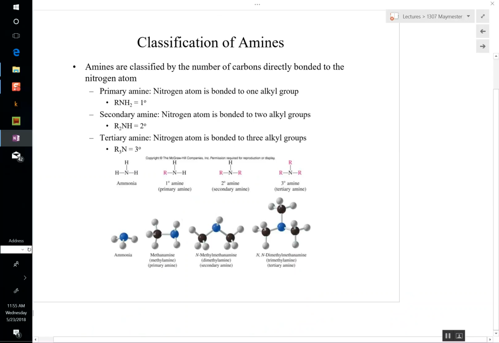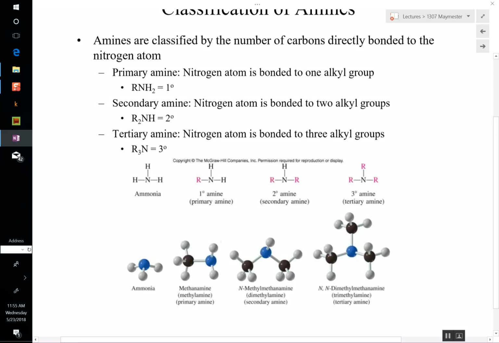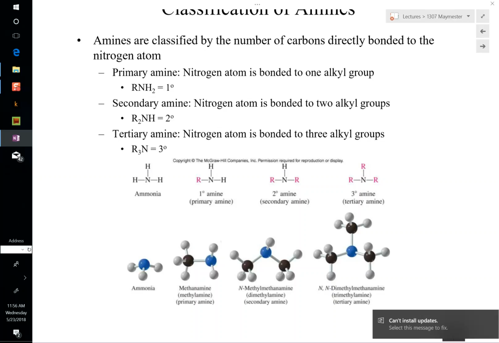Okay, classification of amines. There are primary, secondary, and tertiary amines. Ammonia is ammonia. But if we come over here to methylamine, we've got an NH2, and we've got a methyl group on it. So we have 1 carbon and 2 hydrogens.